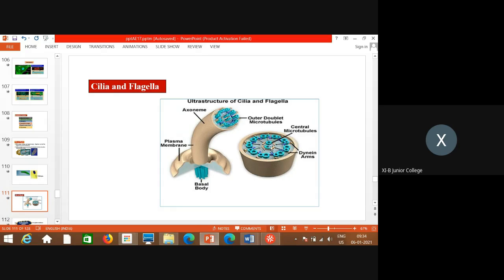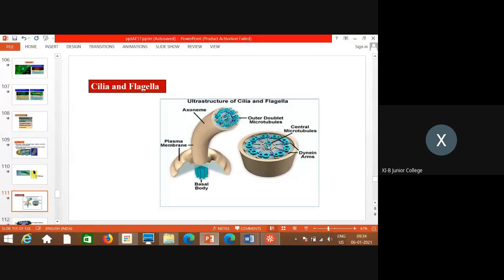Then you can see these radiating spikes called spokes, which connect the central microtubule with the radial one. These radial double ring structures have dynein arms, which are a type of protein. This is the central core, made of central microtubules. So the outer ones are doublet microtubules and the inner ones are single.